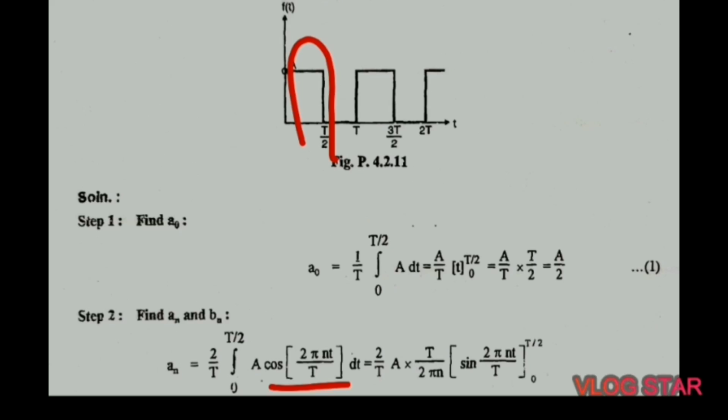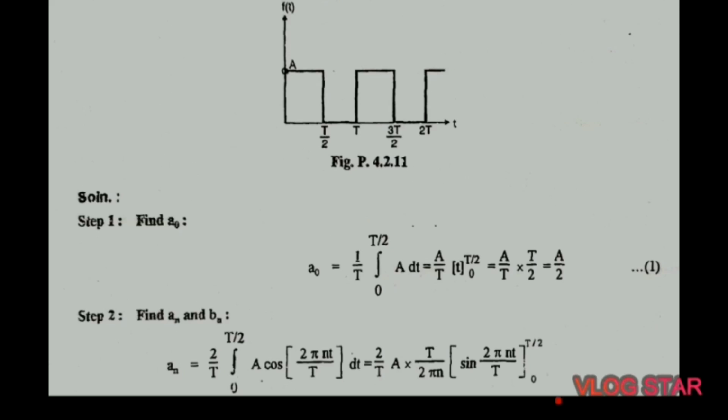Take the constant term outside the integration, that is 2a divided by t. Then inside the integration, the integration of cos is sine omega t divided by omega. So it becomes sine of 2 pi n t divided by t upon 2 pi n.